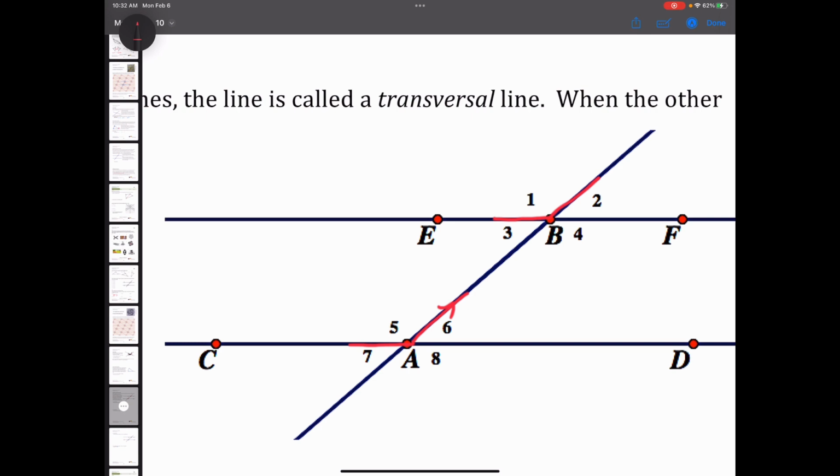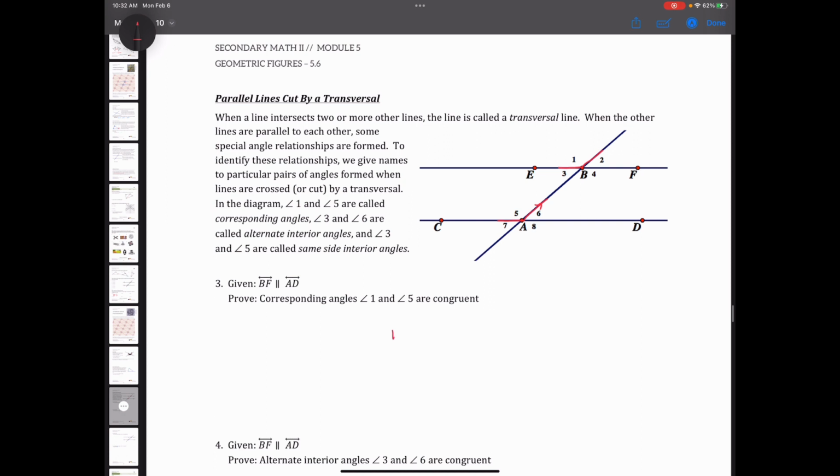So we're just going to be like, nah. And maybe even say, slide along the transversal is what we're gonna say.